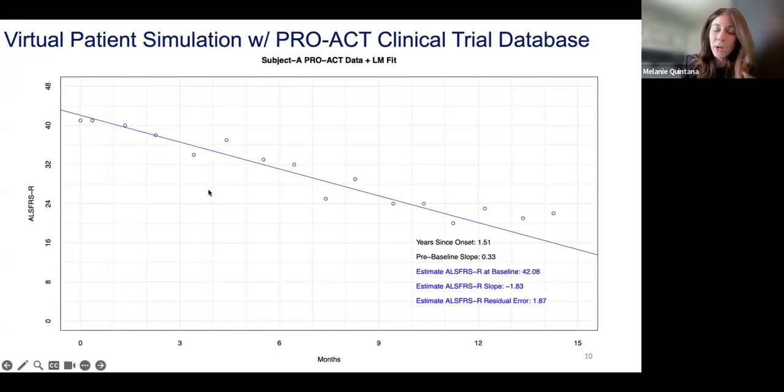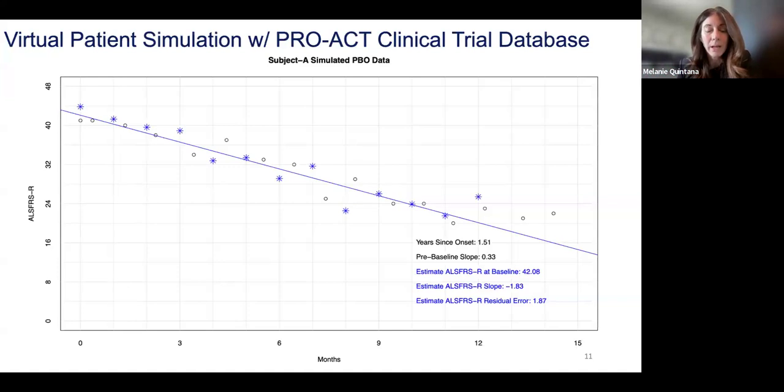And this individual progresses at a rate of 1.83 points per month on the ALS-FRSR. And once we have this line, we can simulate data around their line. And so this is what a single observation or single participant's data might look like in a simulated trial if they were, say, on placebo.